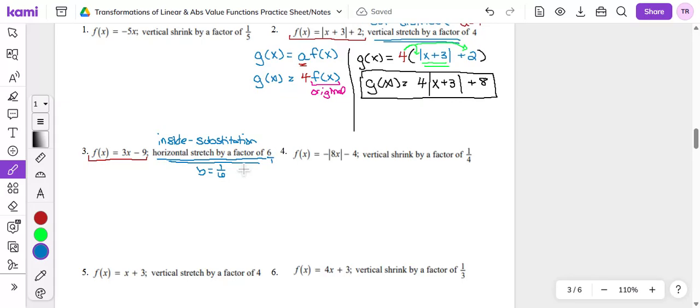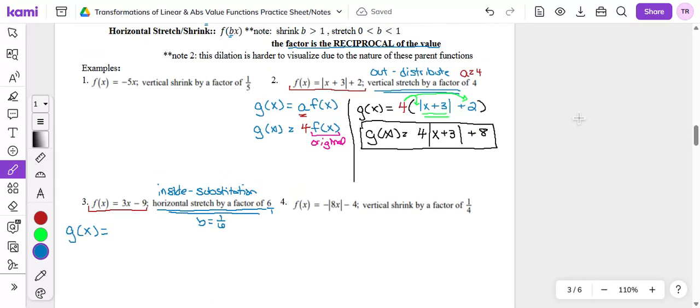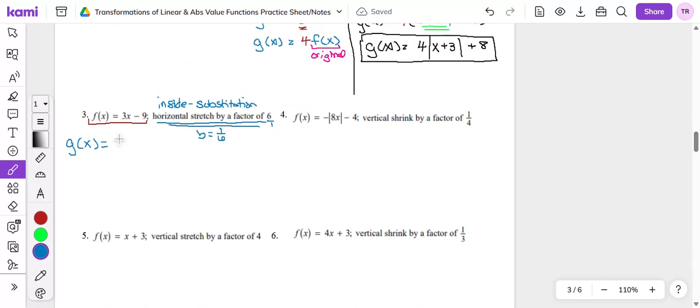That is going to be the number I use when I start coming up with my function. Okay, so g of x equals f of b times x. I know it was an inside, it's horizontal. I know b. We figured that out. b was this 1/6.